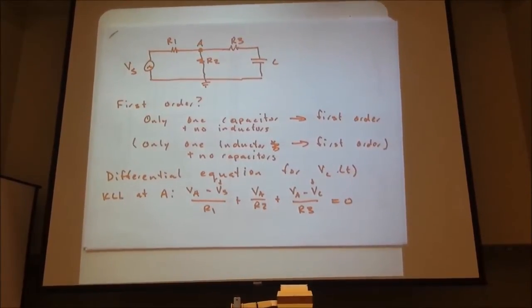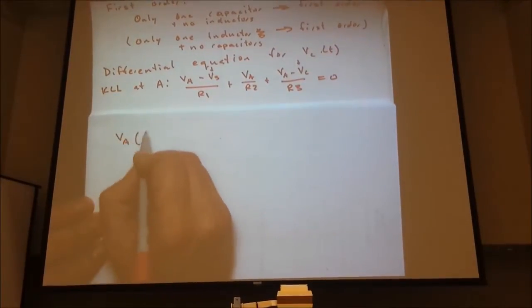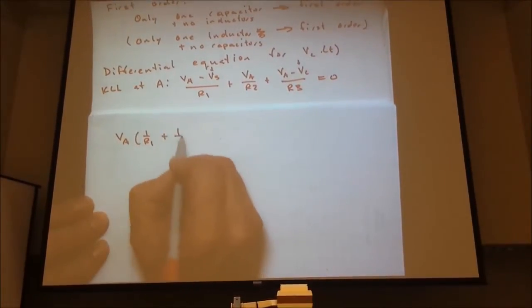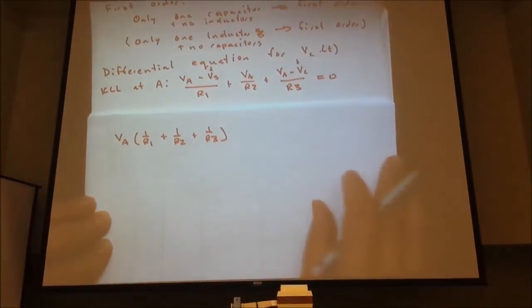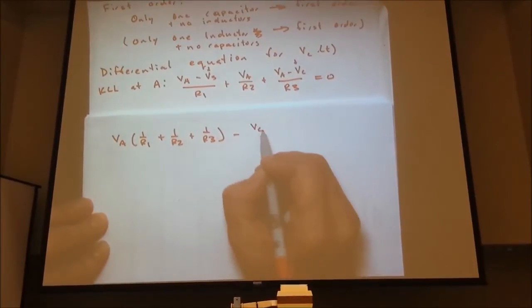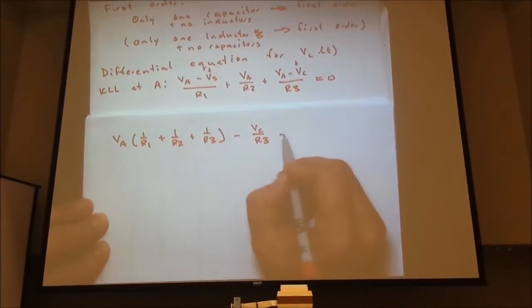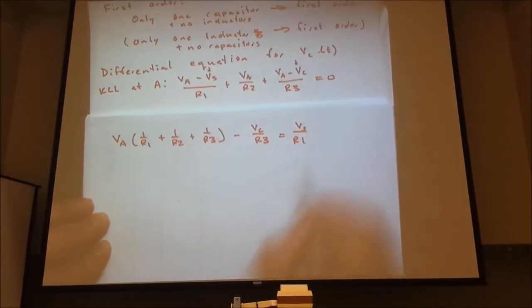We can do a little bit of rearranging here. We can rewrite this as VA times (1 over R1 plus 1 over R2 plus 1 over R3), minus VC over R3, equals V source over R1.